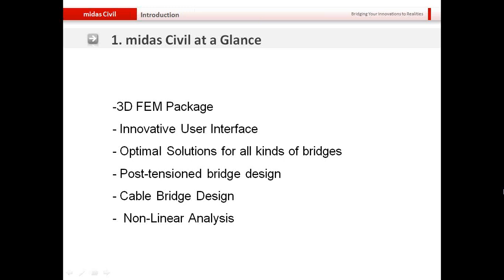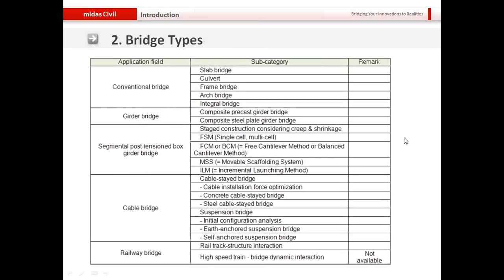So Midas Civil is a 3D finite element modeling package and provides a very powerful user interface and solutions for all kinds of bridges. When I say all kinds of bridges, these are the important types of bridges which Midas Civil can provide solutions for, starting from slab bridges, culverts, going to composite type of bridges, and based on the method of construction of the bridge, analysis can be done, simulating that particular method of construction.